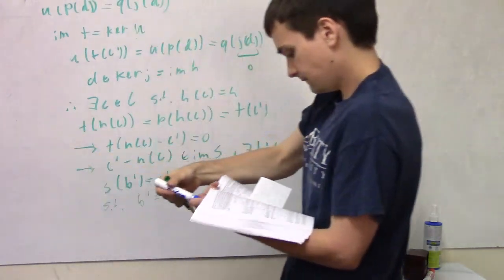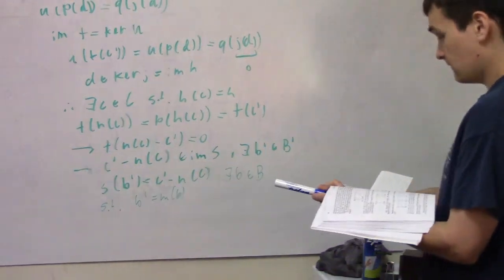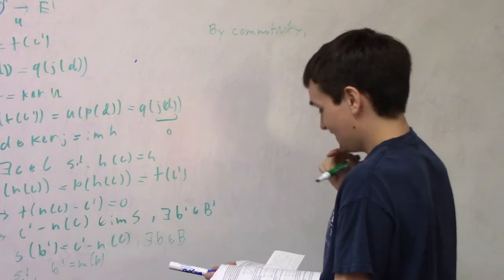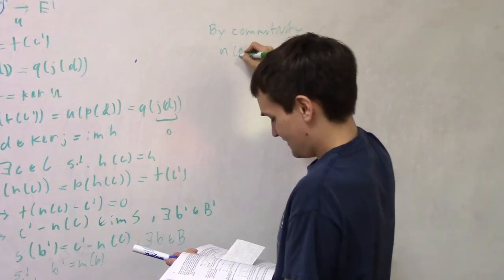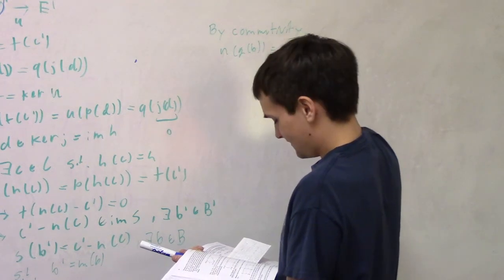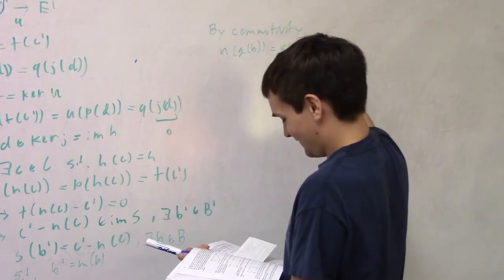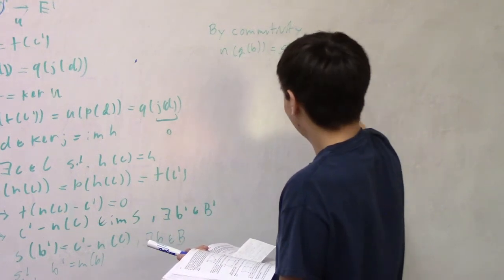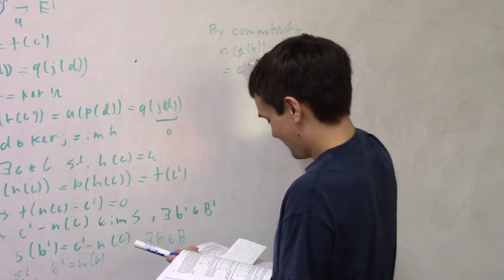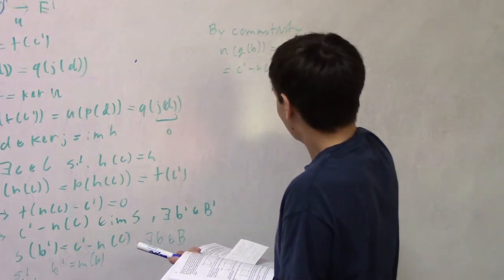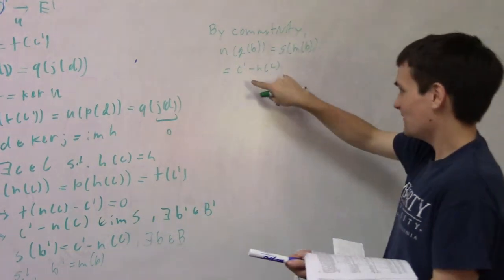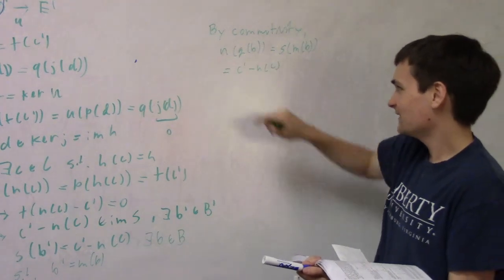Ah, now you come back to C at last. N of G of B is equal to C prime minus N of C. So now we got this again.